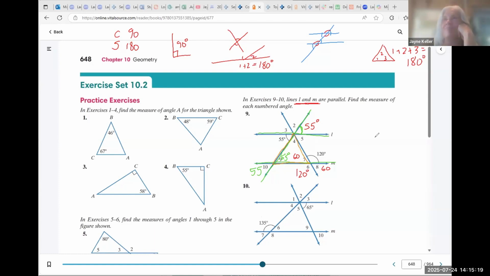We've got 55, 60, and angle 4, and they have to add up to 180. So it'd be 65 for 4. Yes, so 4 is 65.